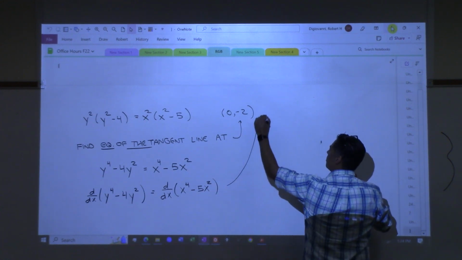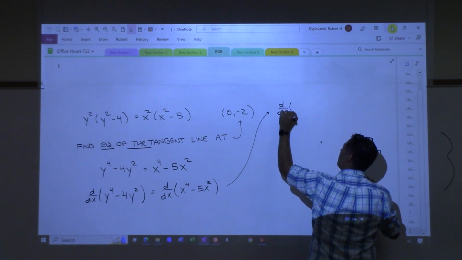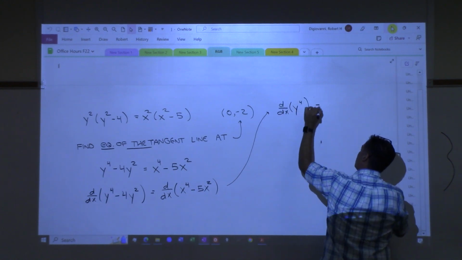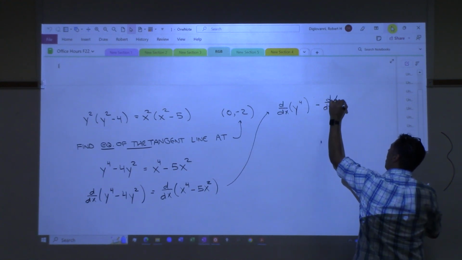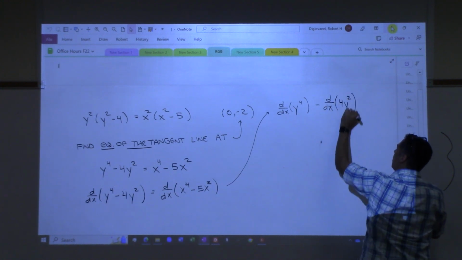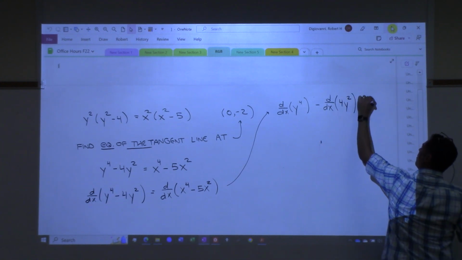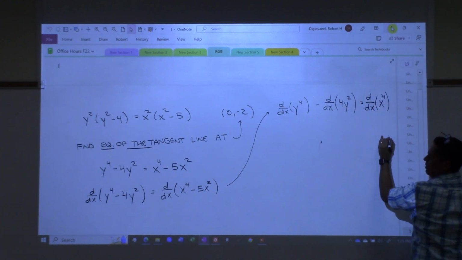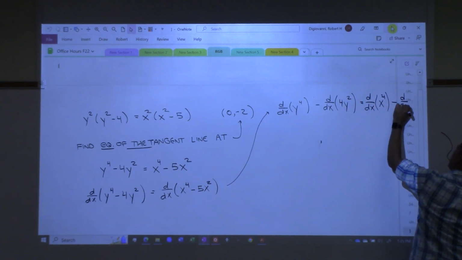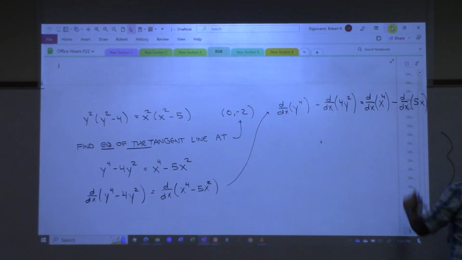This becomes the derivative with respect to x of y to the 4th minus the derivative with respect to x of 4y squared. Notice how I put that negative in between. And then equals the derivative with respect to x of x to the 4th, and then minus the derivative with respect to x of 5x squared.